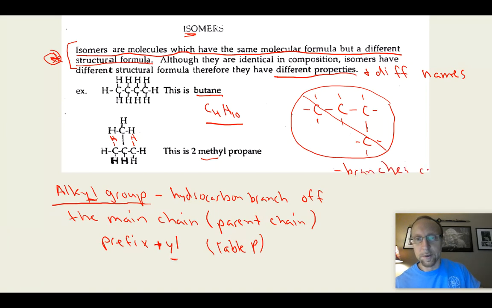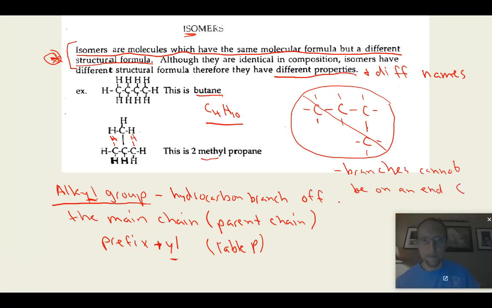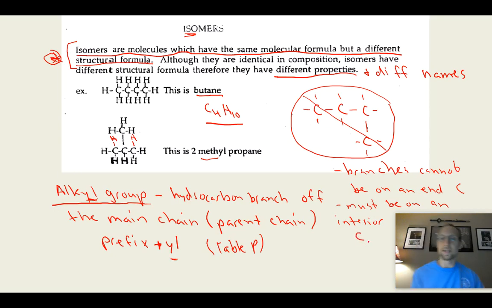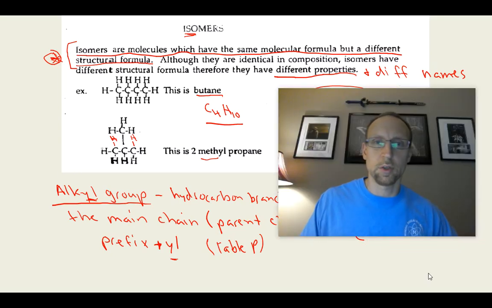Branches cannot be on an end carbon, right? They must be on an interior, what we call an interior carbon inside the chain.